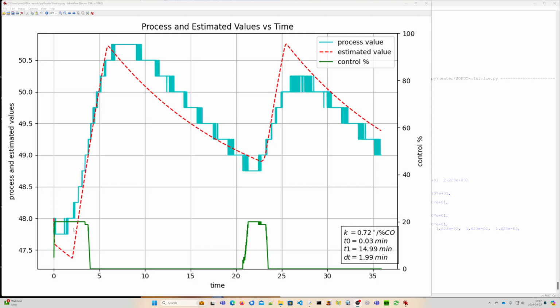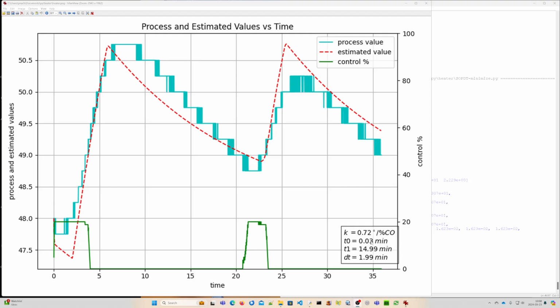So anyway, you can see that the temperature goes up, and then this is a very sharp turn up here, and this is what makes me believe that I really could have modeled this as a first order plus dead time, because if you see here, this is the result that I got on this system identification. This is not very good, it's not very accurate, but I get 0.72 degrees per percent control output, but the time constant here is what I want to look at.